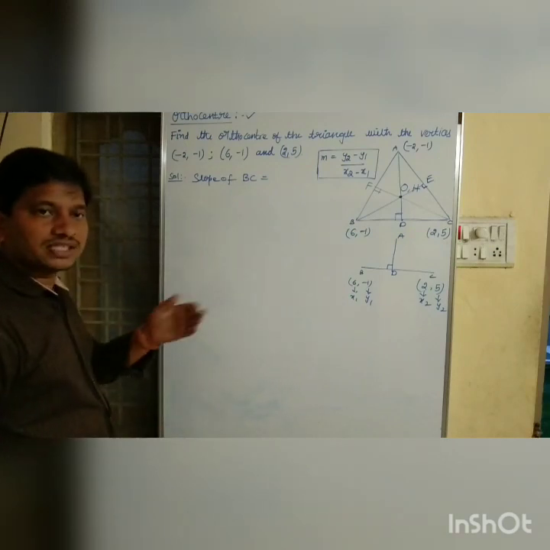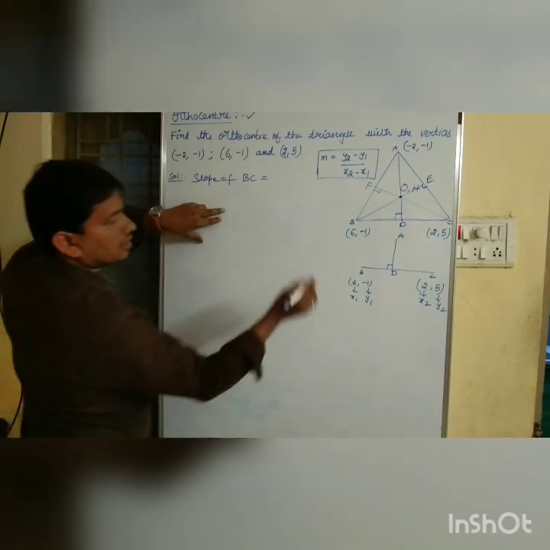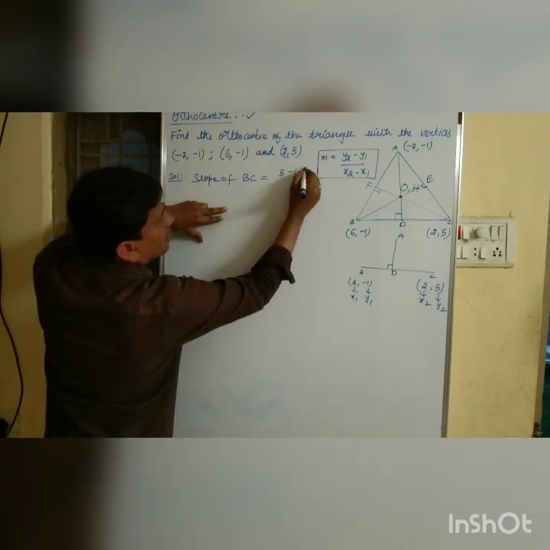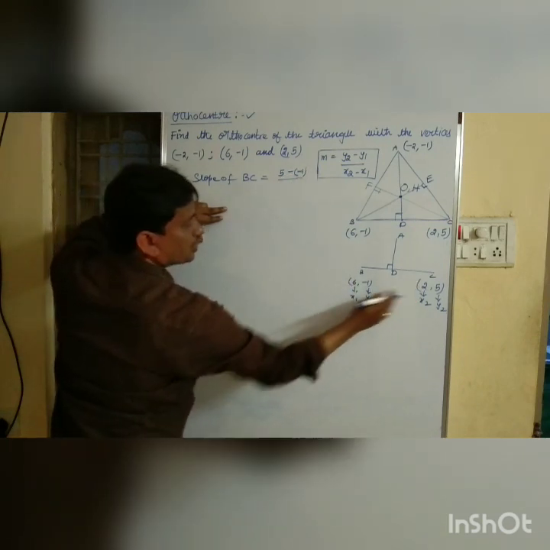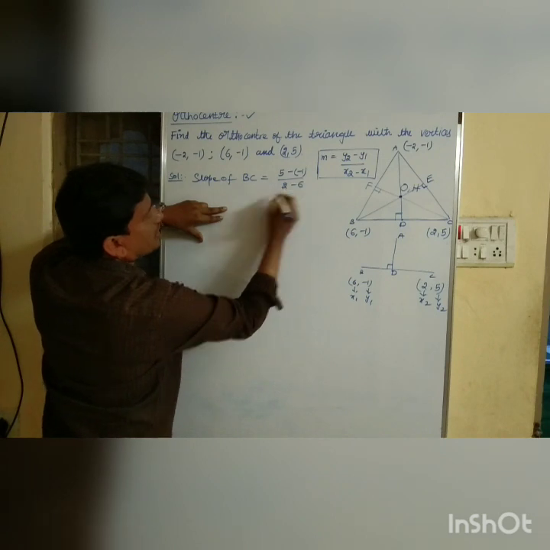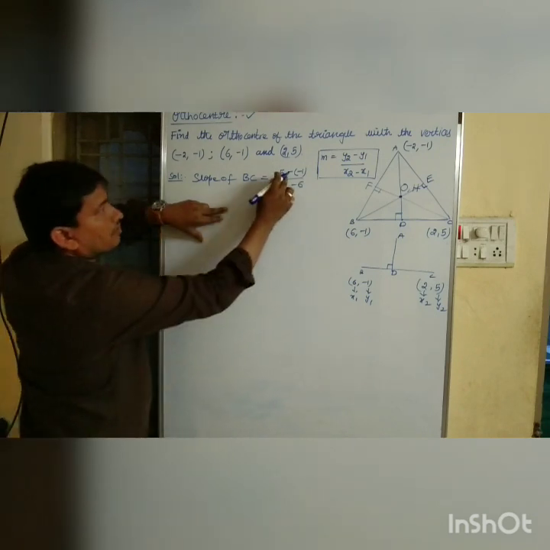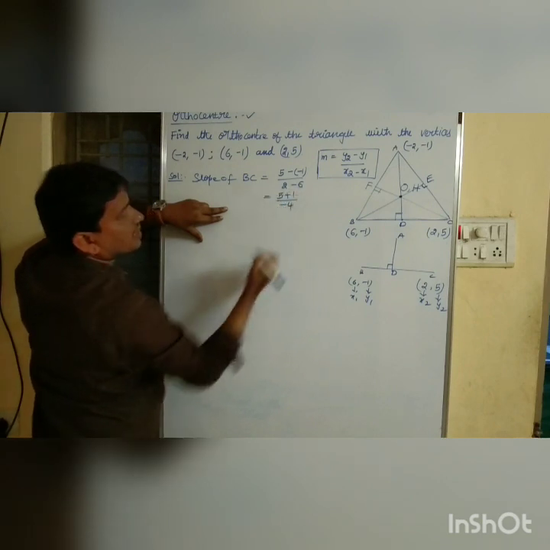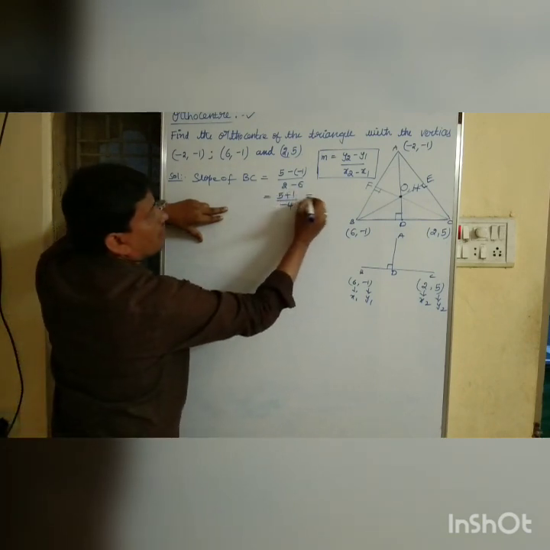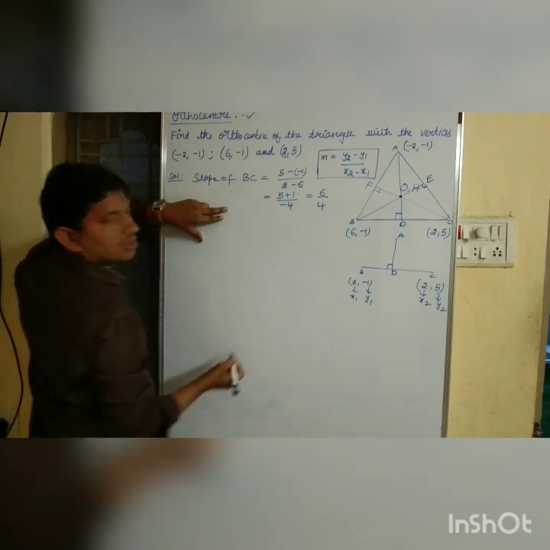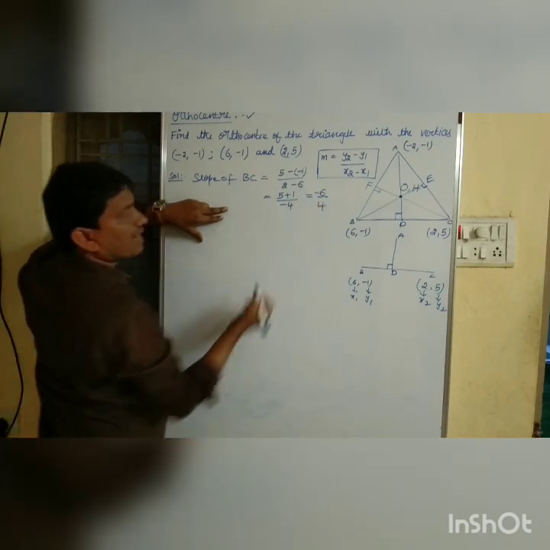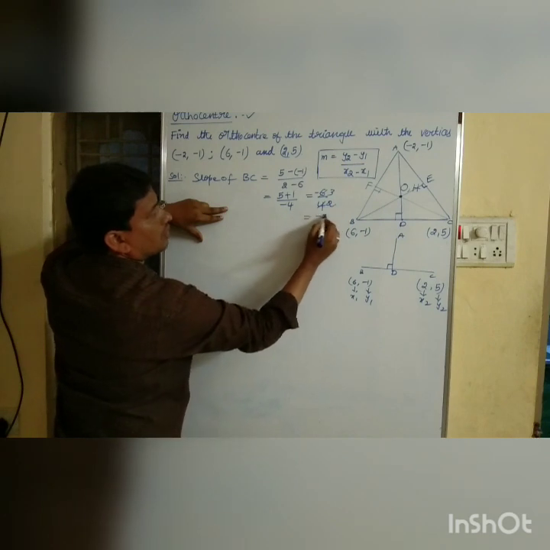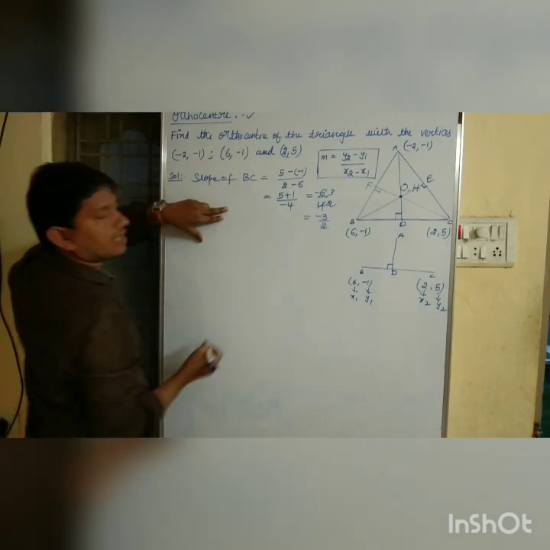I mean y2 minus y1 by x2 minus x1, that is 5 minus (-1) by 2 minus 6. Minus into minus is plus, 5 plus 1 by 2 minus 6, that is -4. So 5 plus 1 is 6 by -4, that is -6 by 4, which reduces to -3 by 2.